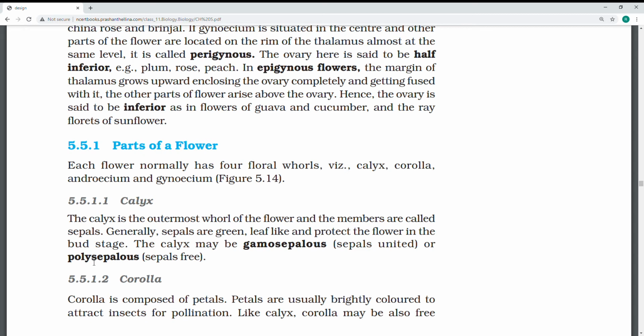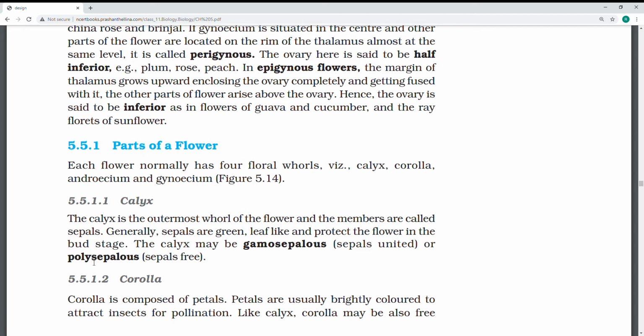When sepals are free, they are called polysepalous. Free means they do not get united. You can observe the hibiscus flower for that. When you are writing the floral diagram or floral formula, by observing the flower you can mention the type of sepal.